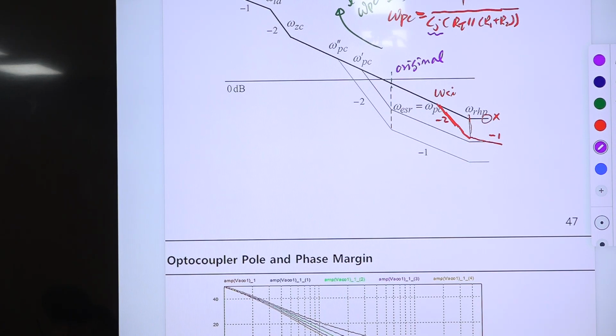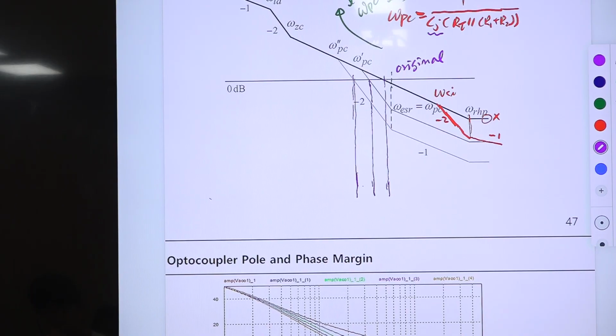Then the loop gain crossover frequency is this one, and originally it was this one. If you further increase Cj, then the loop gain crossover frequency will be here. So let me extend this.